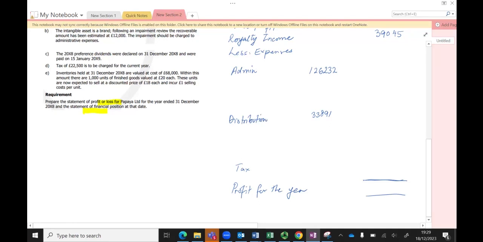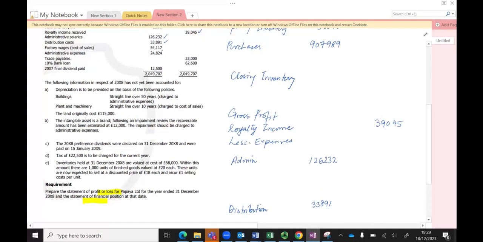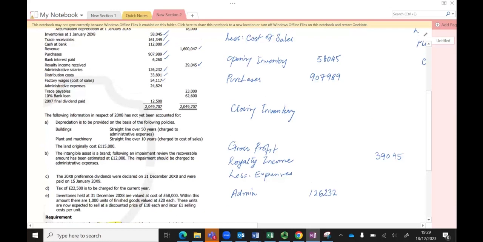As you can see, I have left a gap because I know there will be some more additions to the administration and distribution expenses. Then we have factory wages, which will become part of cost of sales, 54,117. You can see that I left some blank space in case there will be any addition to the cost of sales, and we have found one, which is 54,117 wages. This must be the wages of staff involved in the production.